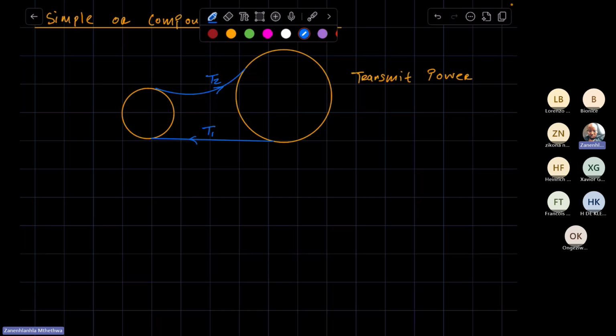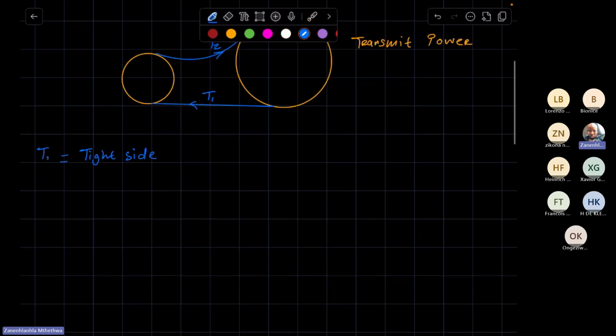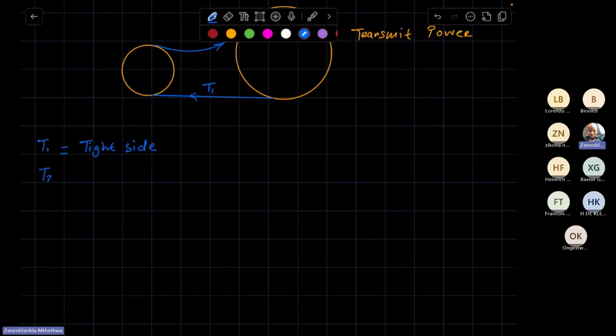where the T1 side of the belt is the tight side. That is the side of the belt that is subjected to the most stress. And then T2 we refer to as the slack side.